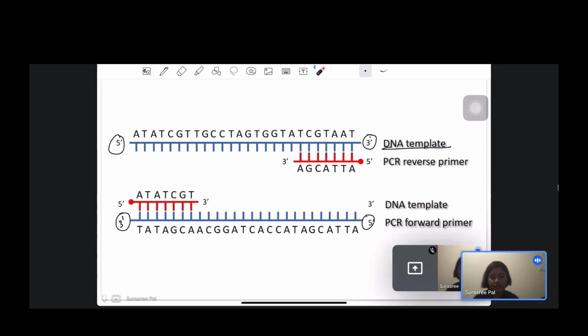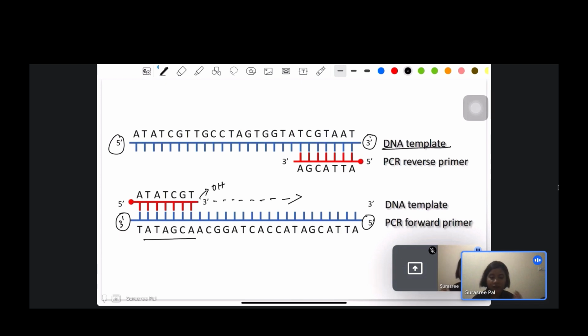You can see that it is complementary to this region of the DNA template, right? And it synthesizes. This end has a free 3' hydroxyl end, from which the polymerase can start synthesizing the nucleotides, because the primer always provides a free 3' hydroxyl end.